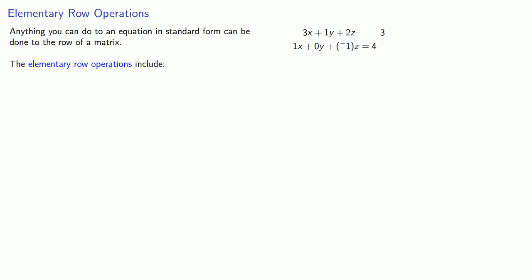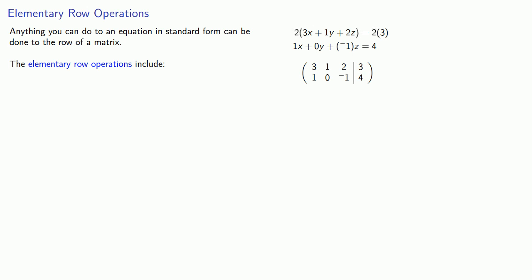So suppose I have a system of equations in standard form. I can write down the augmented coefficient matrix for the system with each row of the matrix corresponding to one equation. So what can we do to an equation in standard form? Well, one of the things we can do is take the equation and multiply both sides by a constant.